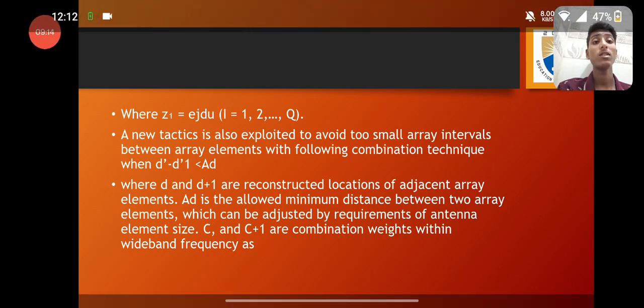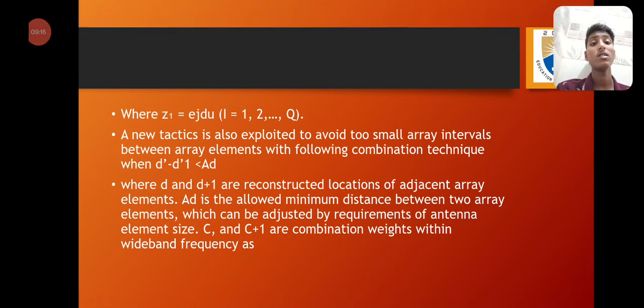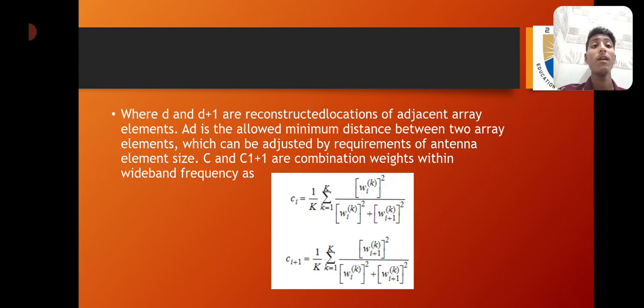C_i and C_i+1 are combination weights within wideband frequency. And down you can see the equation of C_i.